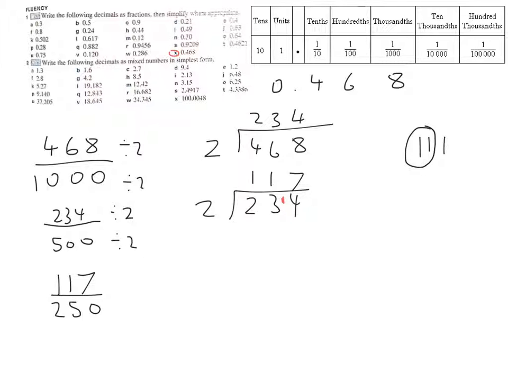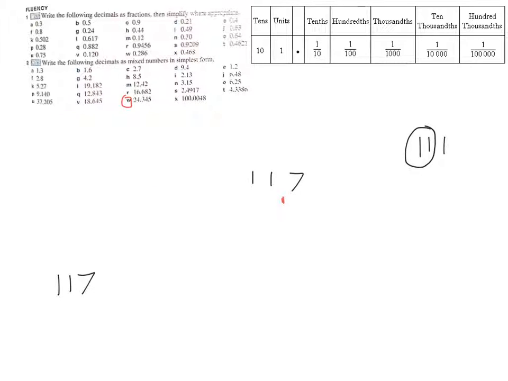Okay, so let's try a question from question 2. Let's try W. Okay, so I'll just get rid of this stuff here. Okay, so we have the number 24.345.